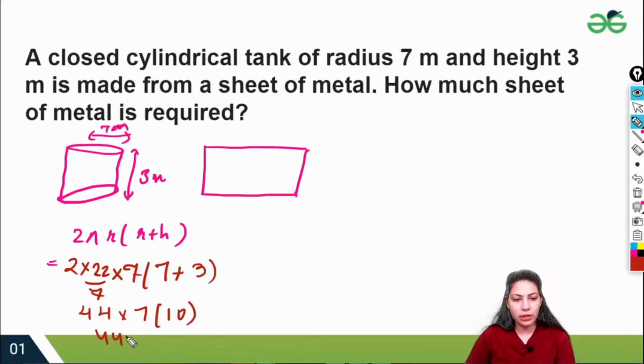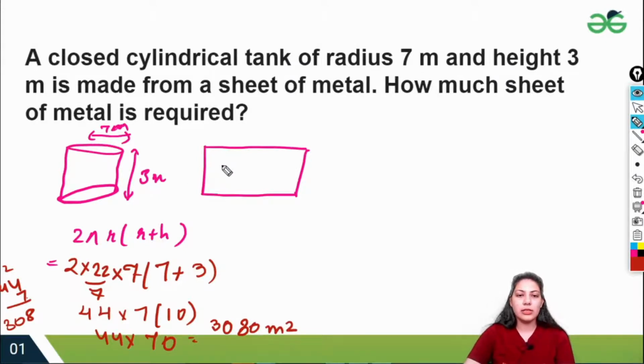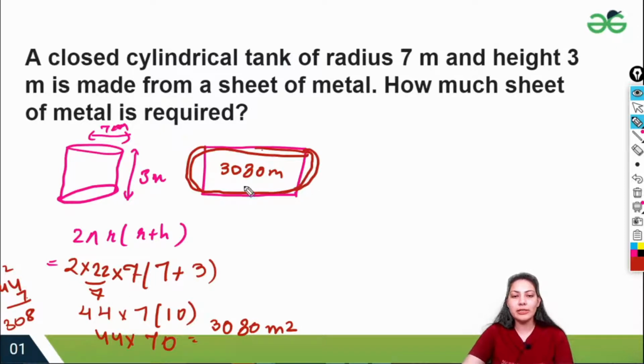So 44 into 70. So let me do rough work here. 7 4s are 28. 28 and 2, 30. 3080. 3080 meter square. So this is the total sheet required to cover the cylinder. Total sheet of metal required is this much meter square.